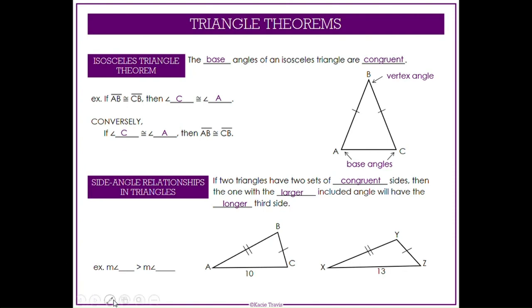So the measure of angle Y is going to be greater than the measure of angle B. If you go through and look at your different angles, you'll be able to verify and check some of these things. Now, we are going to do a quick bit of practice.